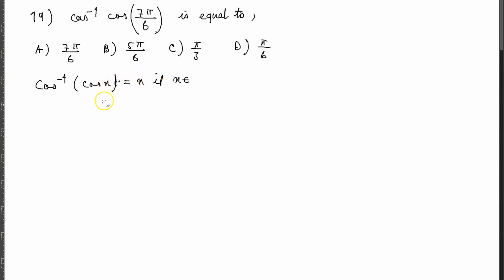So we said that the cos inverse function was a function from -1, 1 to the range 0, pi.